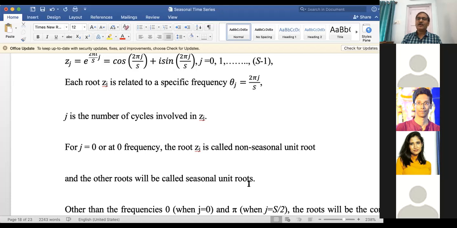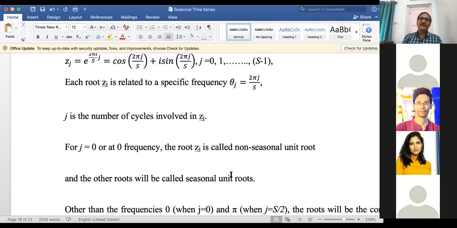Okay, so out of s number of roots you have conceptually for a characteristic equation like z to the power s minus 1 equal to 0, out of s roots, the root at 0 frequency is called non-seasonal, and the roots for the other frequencies are called the seasonal roots.